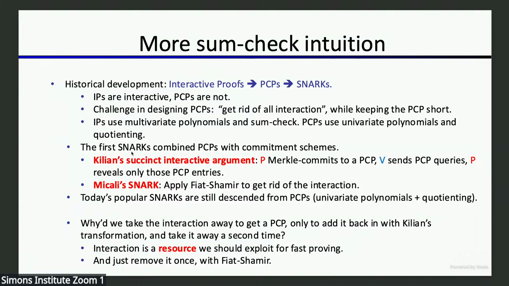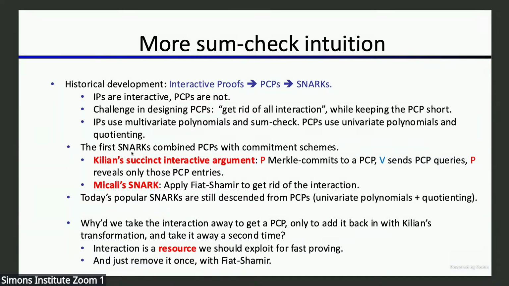In my view, one big reason the univariate stuff is so popular in SNARKs today is just because people took the SNARKs we had from the old theory work and tried to make them practical for years. Those were based on PCPs, so they were using univariate polynomials. And that does get you SNARKs with the best verifiers.